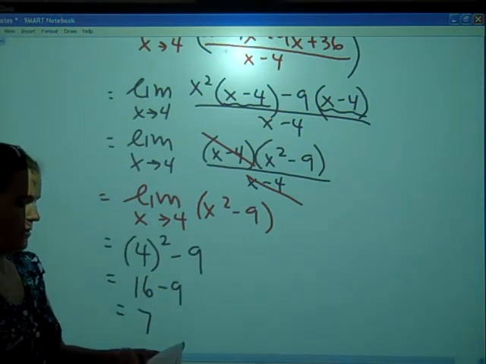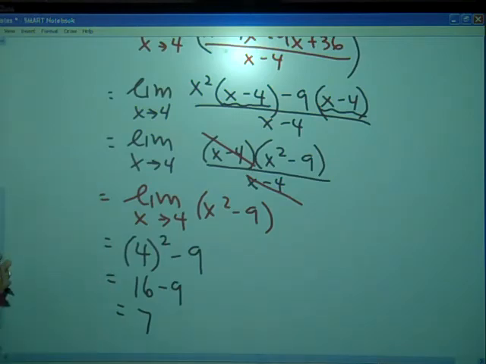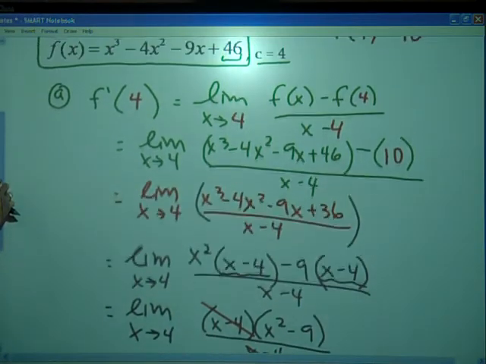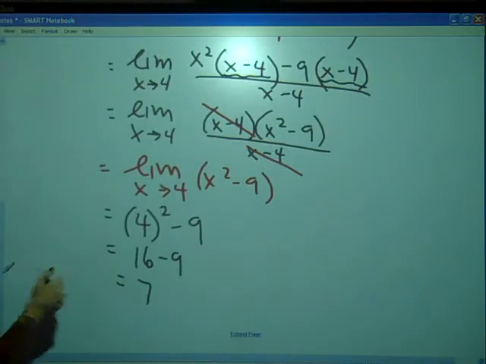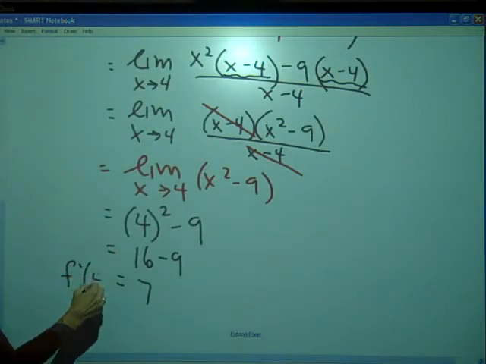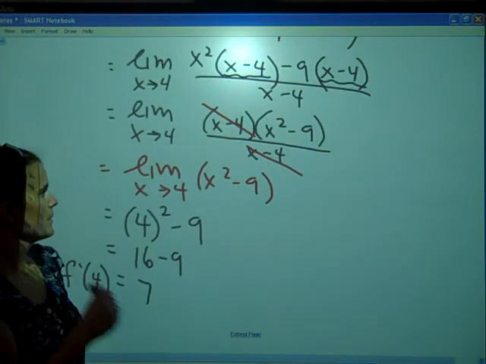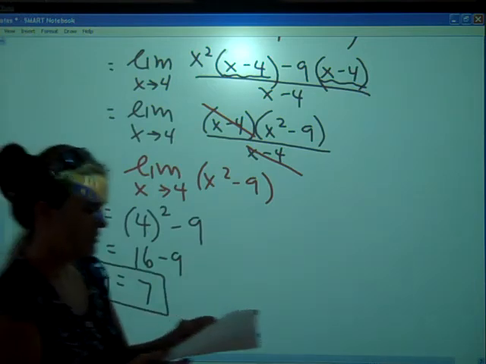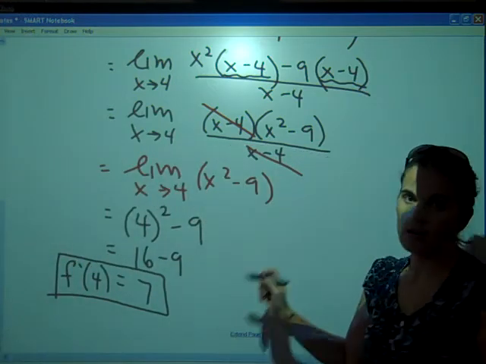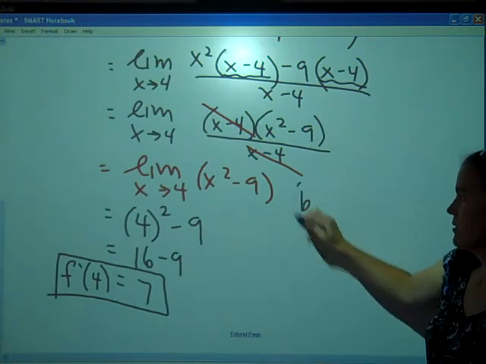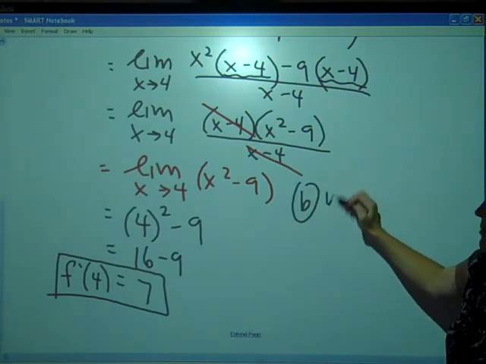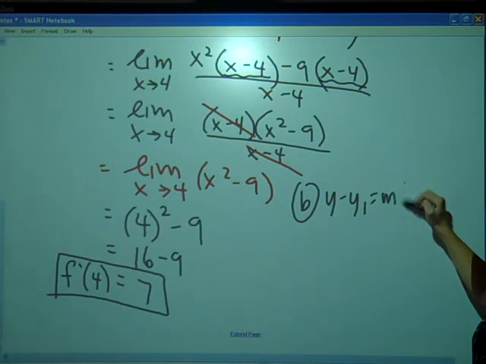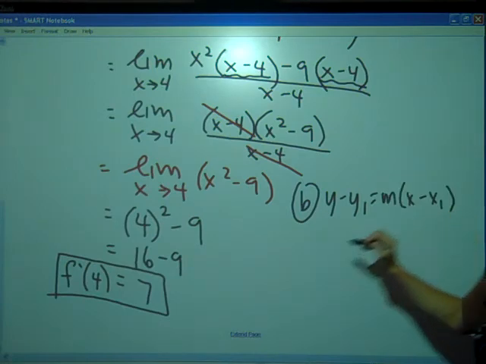So we're left with the derivative f prime of 4 equaling 7. And from here, we want to write the equation of our tangent line. So the equation of our tangent line would be y minus y1 equals m times x minus x sub 1.